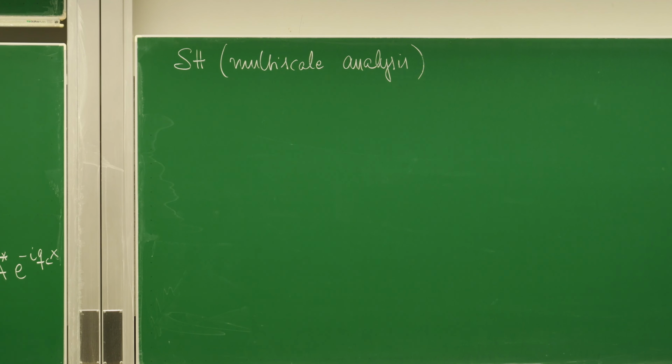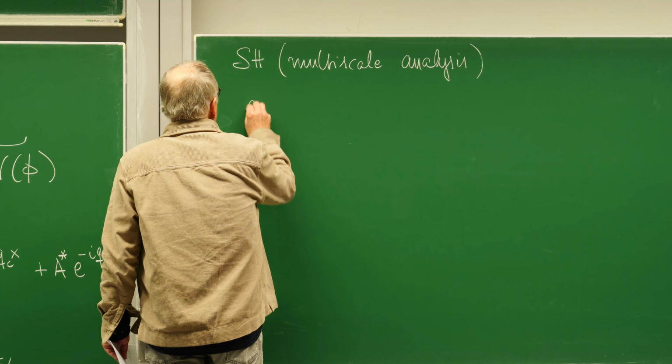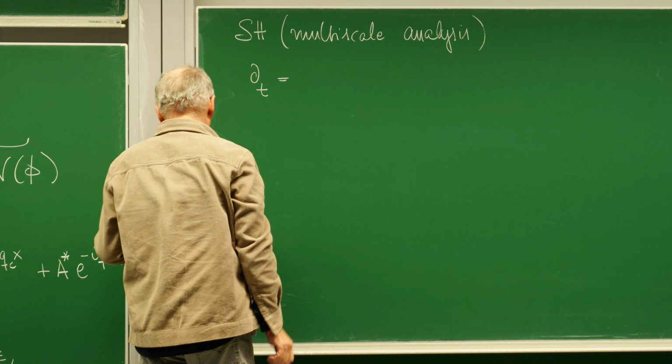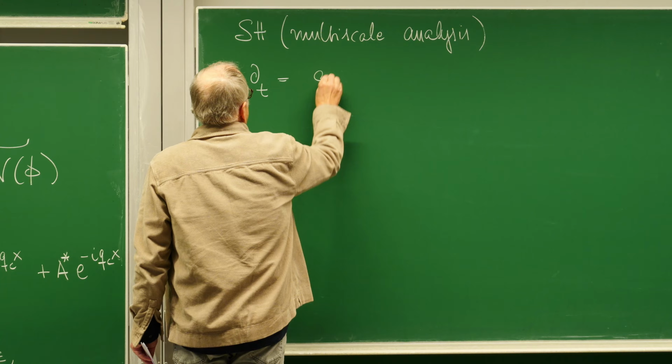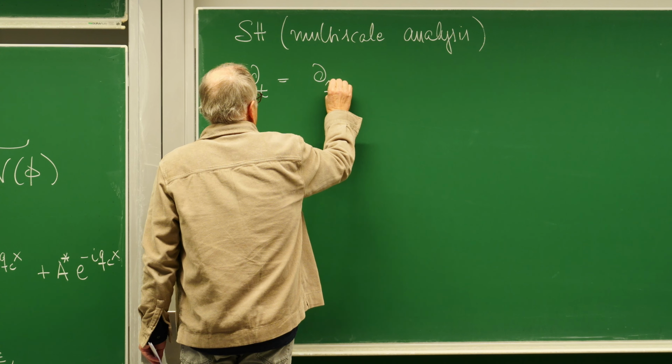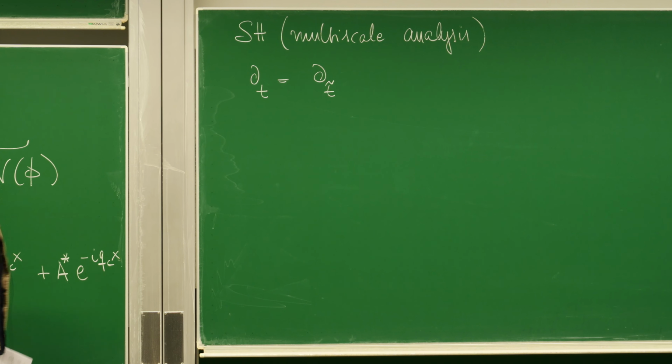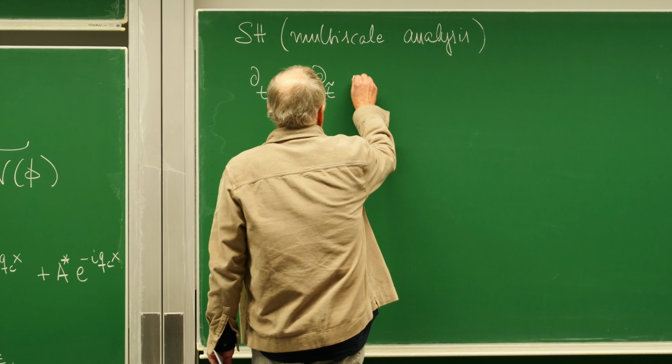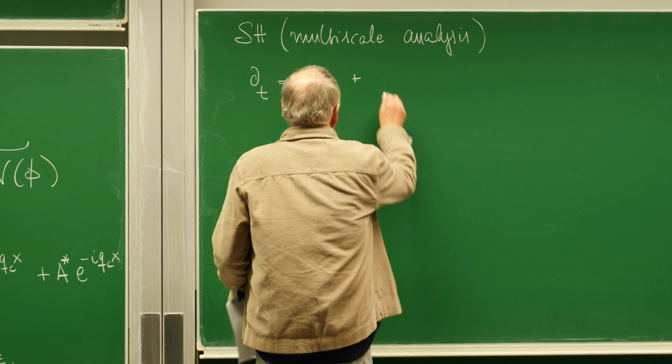Since we have introduced slow and fast variables, we can now also rewrite our differential operators, dt, by the chain rule, because I'm considering lowercase t twiddle and uppercase T as independent variables. So I can rewrite the derivative with respect to t as a sum of derivatives with respect to t twiddle and T. And for the second one, I need to use the chain rule.